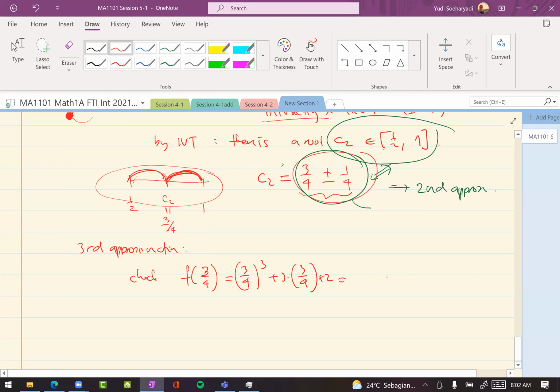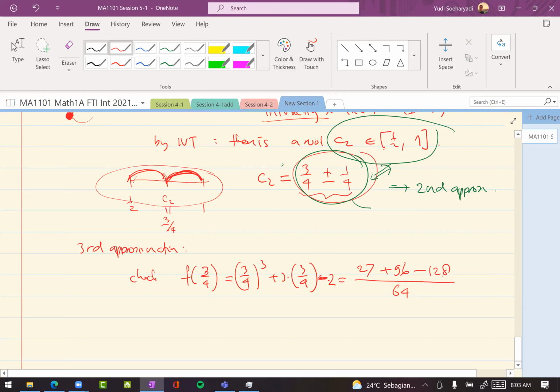Cubing 4 gives 16, 64. This gives you 3 cubed, 27. Here you have 16, 32, 32 times 3 is 96. Sorry, this should be minus 2, minus 1.